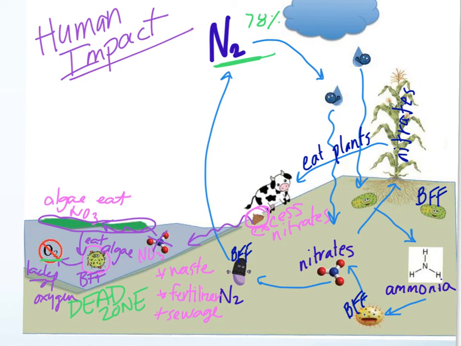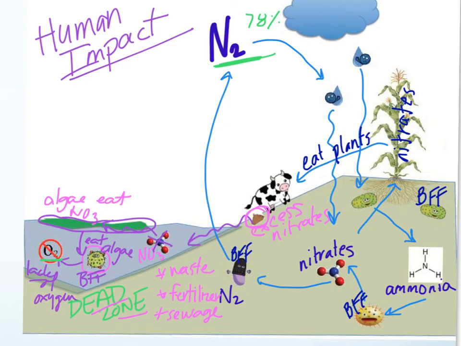And we call that eutrophication, right? When too much nitrogen is added to a water environment, that leads to the loss or lack of oxygen, and creating that zone not suitable for aquatic things.